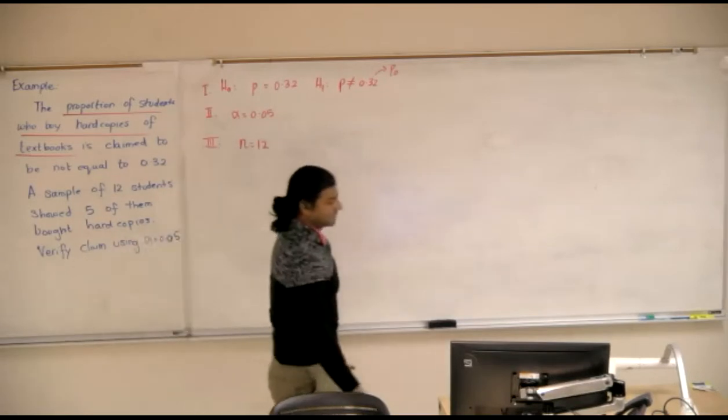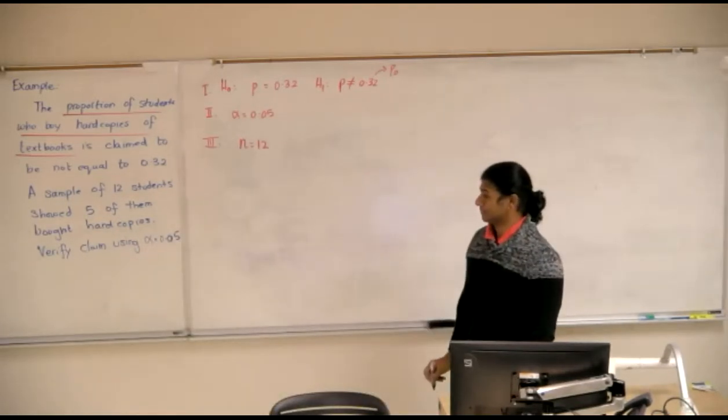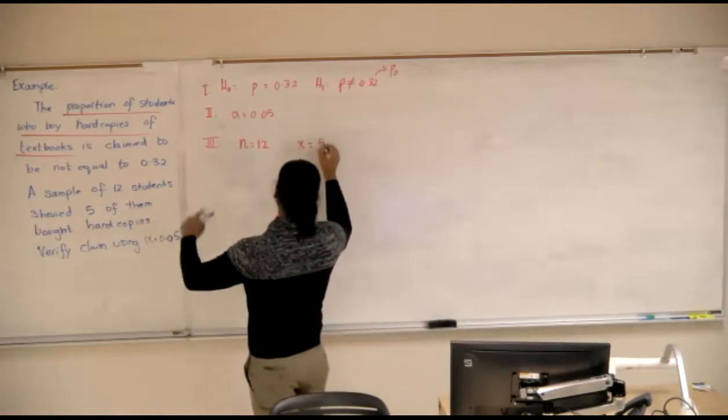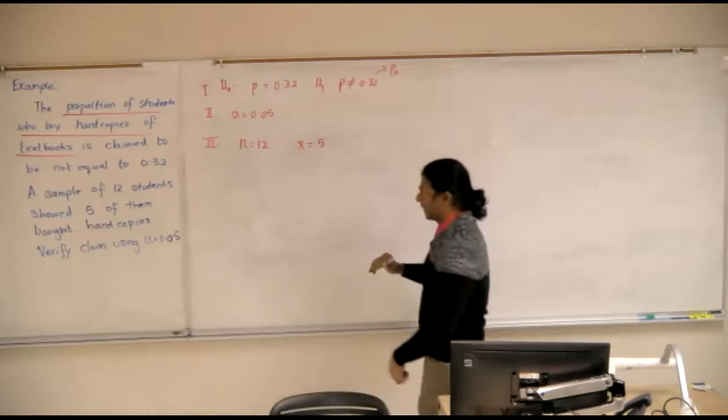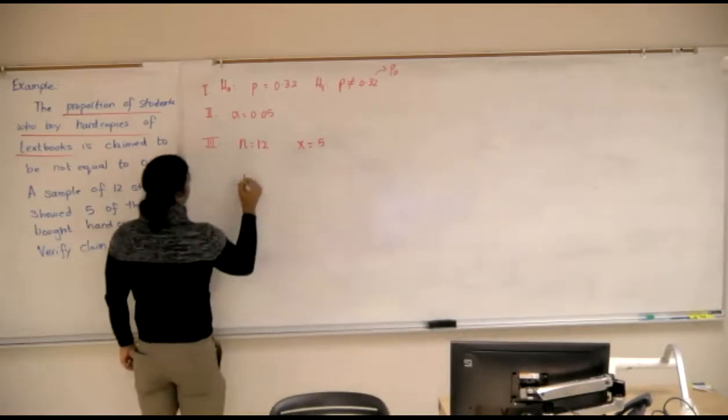What is x? 5, the number of successes, the number of students who buy hard copies of textbooks. We can find p hat.